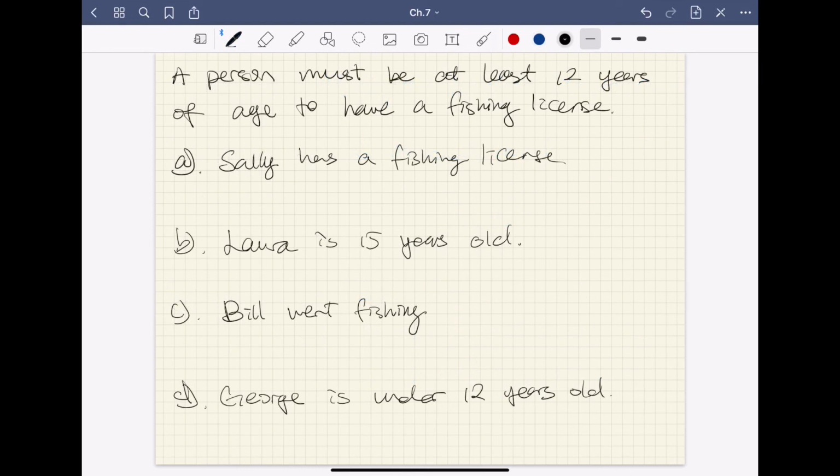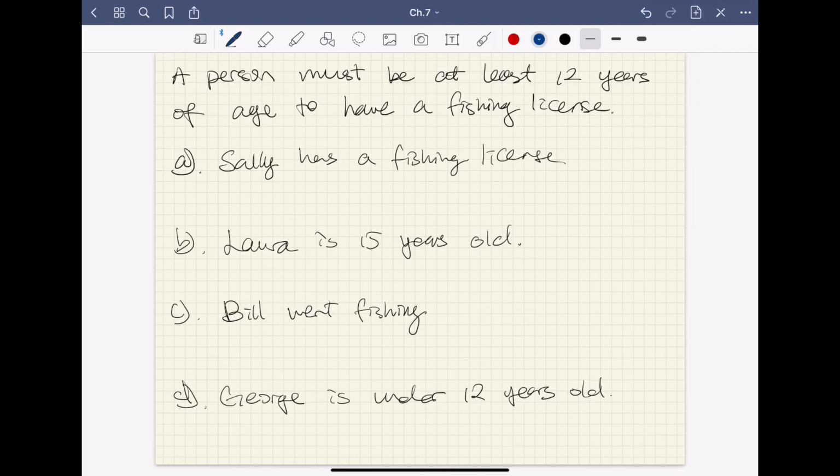One last example. The general statement is that a person must be at least 12 years of age to have a fishing license. And we have four parts to it. The first one, Sally has a fishing license. What do you know about her then?